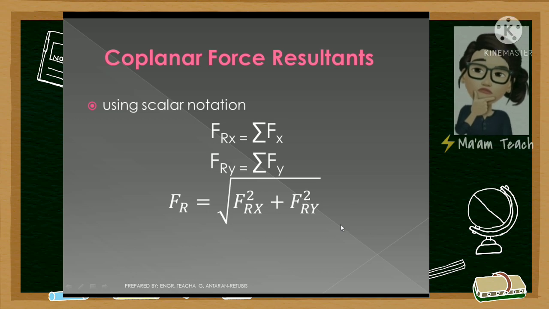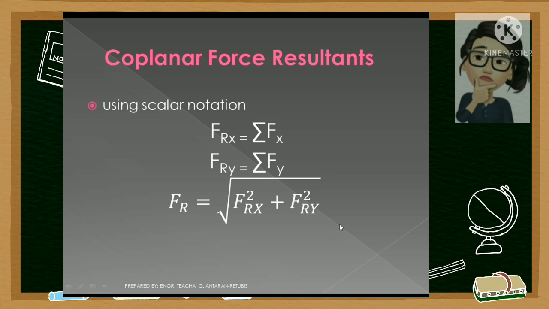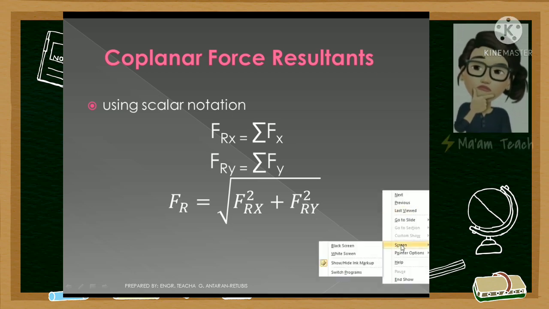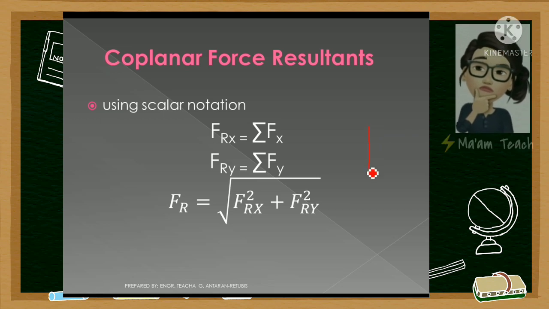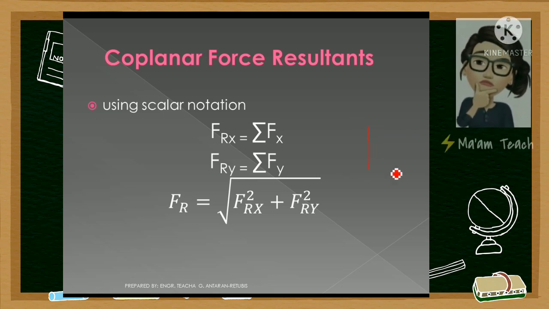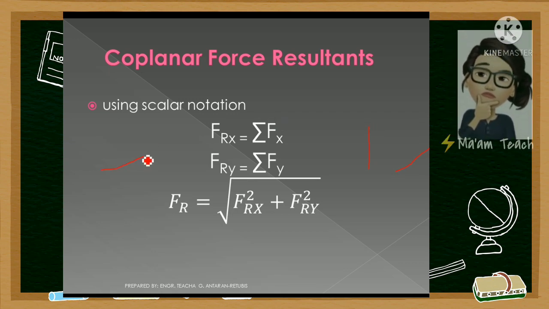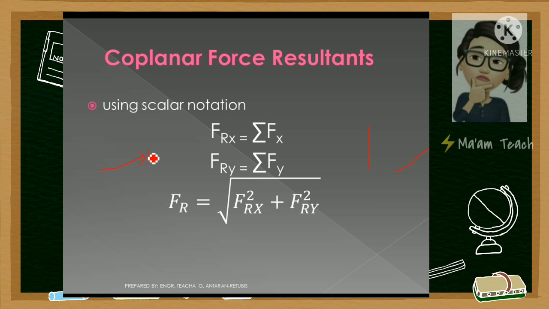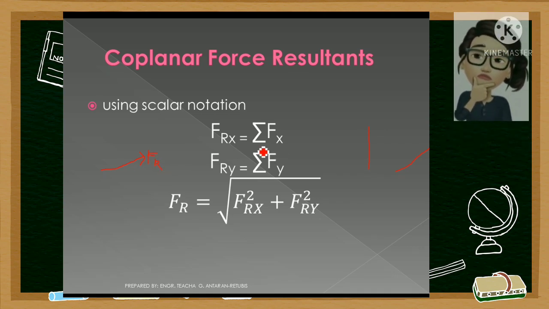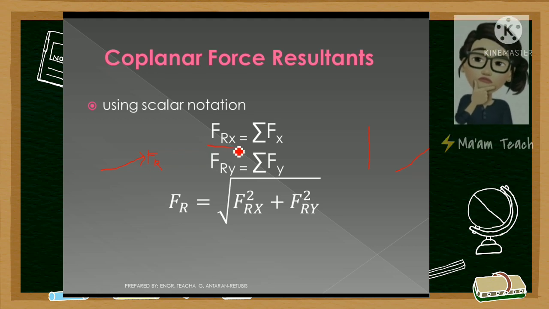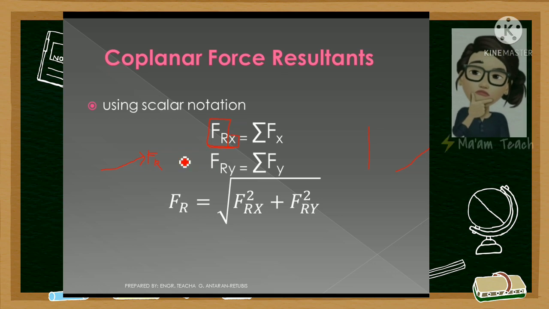As you can see, this is somewhat the application of the Pythagorean theorem, because if you could recall, let's say this is the F sub r, okay, if this is our target, and we have solved for the frx, which means this is the x component of the F sub r.